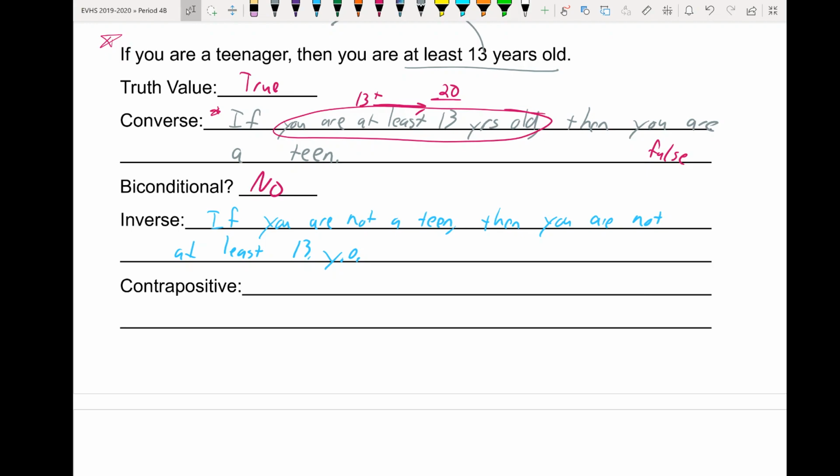And I'm not going to worry about truth values on those. But the contrapositive: negate the converse.